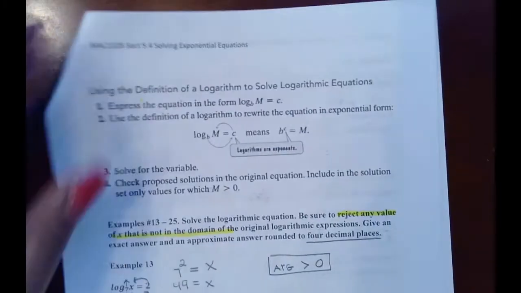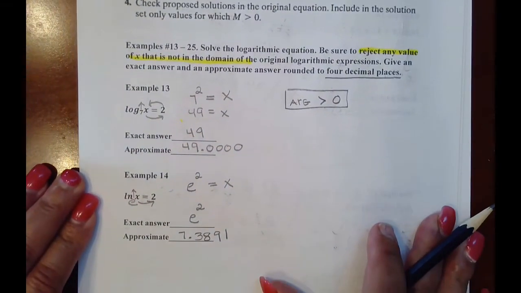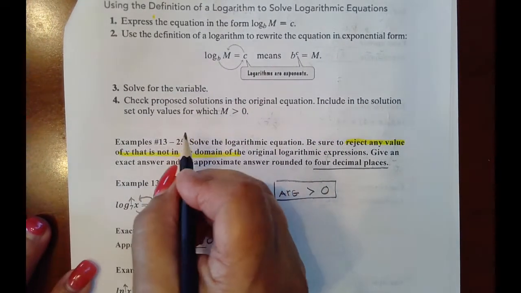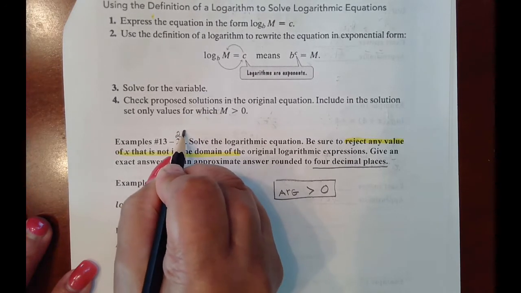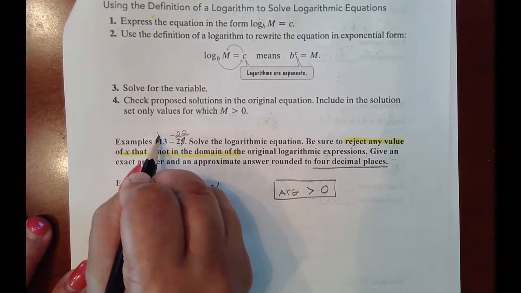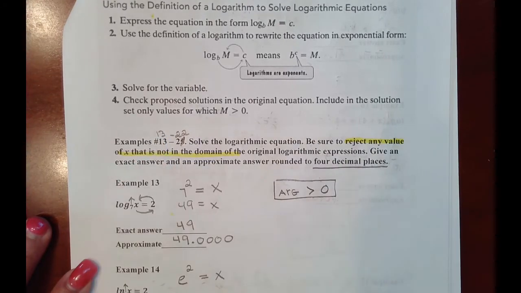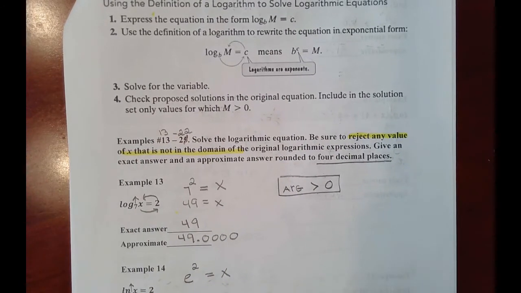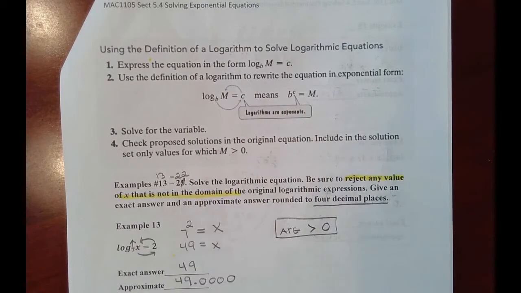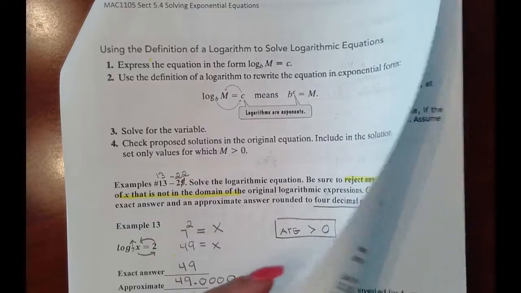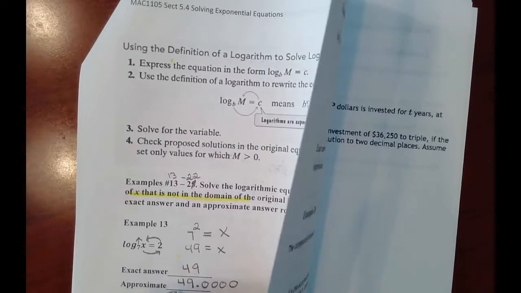I'll have to change this on the outline, but it doesn't change how we worked any of these problems. So all the way up to number 22, you were able to use the single log approach, where you rewrote a single log into an exponential expression. And then we just got to number 23, and that has changed.